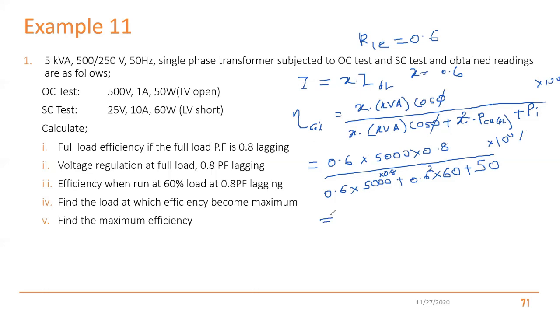This becomes 97.1. That is the efficiency at 60% load.